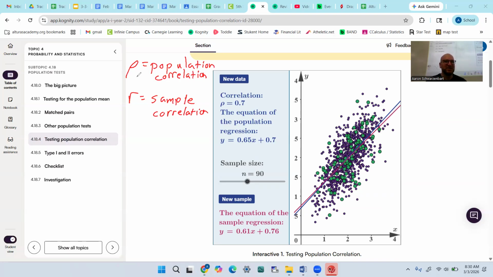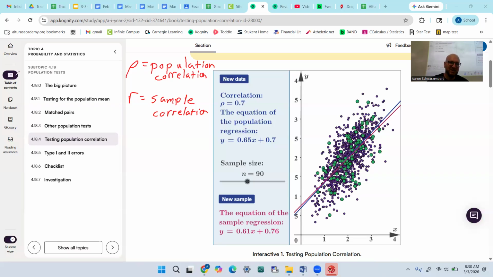That's not sloppiness, that's intentional. Okay, that kind of makes some sense.